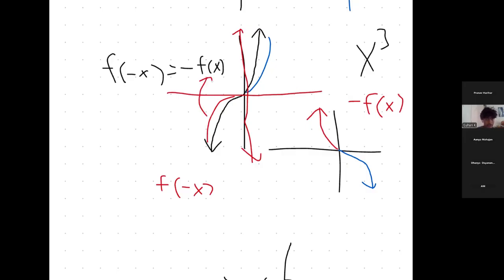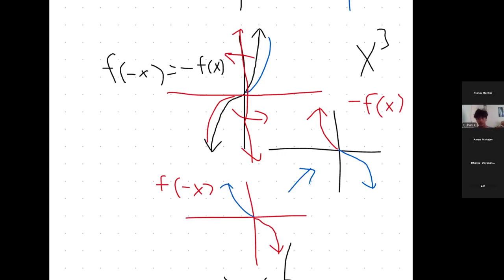It's reflecting like this. So this is going to flip into this side, this flipping to that side, which means the red side is going to be like that, right? Blue side is going to be like that. So if you look at these two graphs, you can see they're the same graph. It's just that the sides that are reflected are different. So we can see that graphically this is an odd function.